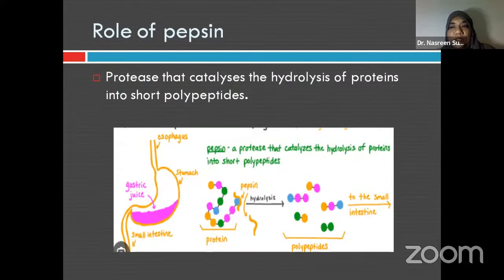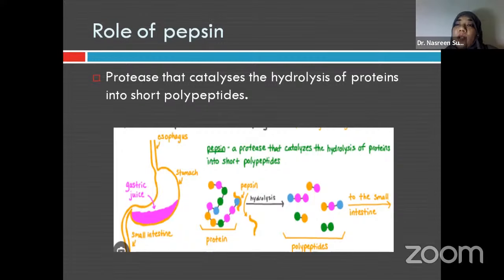Now the different questions asked for this unit 2 include the role of pepsin. Whenever a question asks you to explain the role of pepsin, trypsin or lipase, first you write what pepsin is.